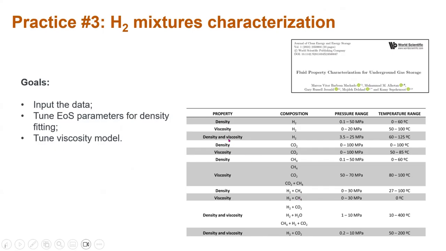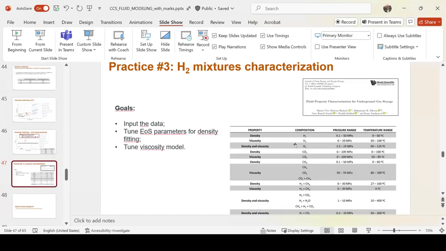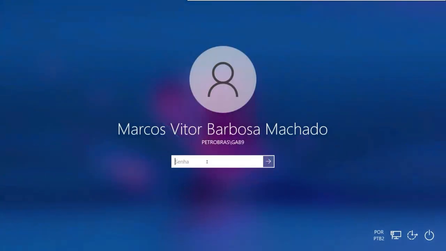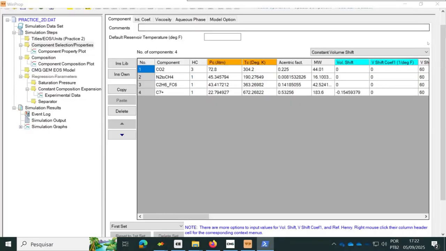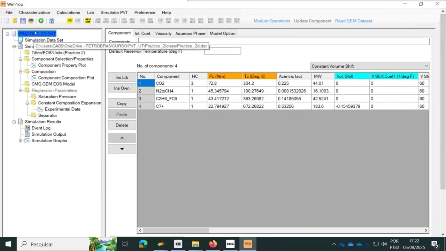So I do recommend you to do it in 2 steps. First, match the equation of state using the volume shift to match the lab data. And after that, you can match the viscosity data. Okay. Let me show you this example. Let me close this.